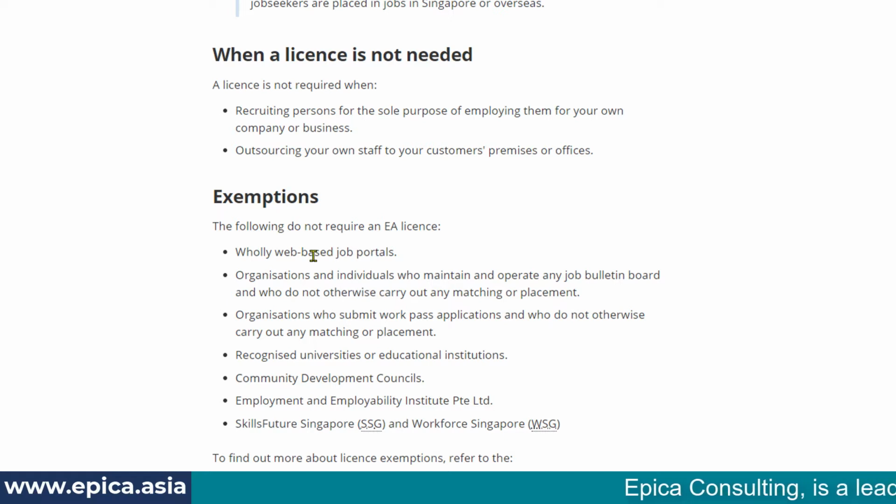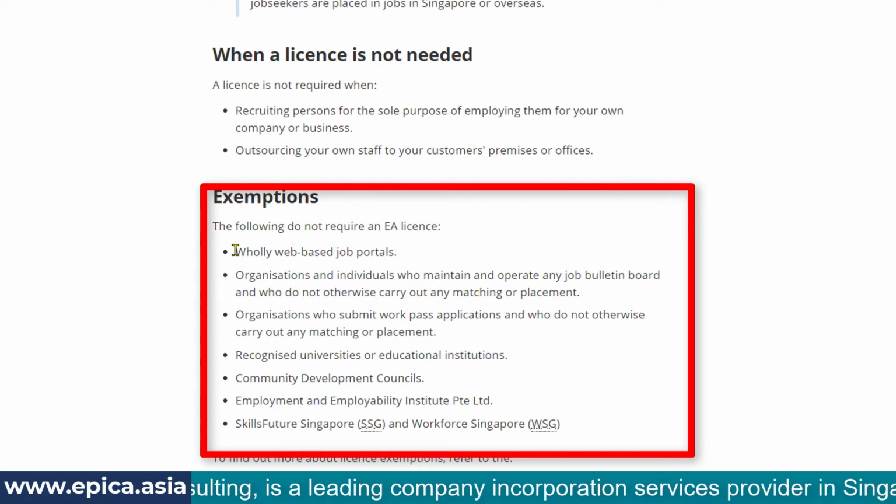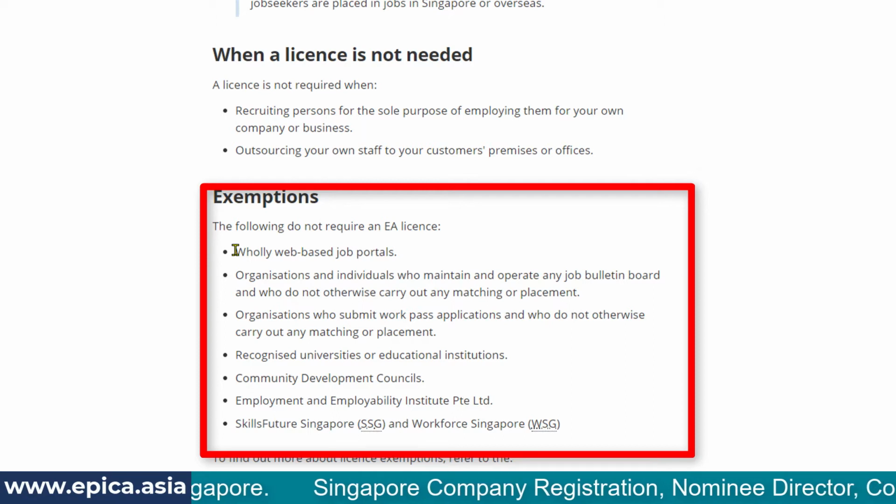Now there are certain exemptions also. For example, if you are only running a web-based job portal where people can post their resume, and organizations can post requirements, and you are not directly involved in the matching process or taking any fees, then you are exempted from obtaining an EA license.